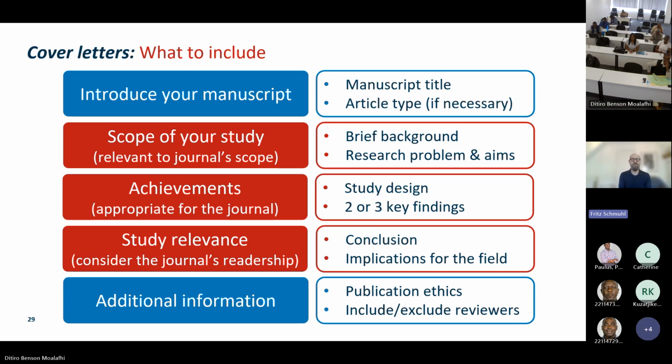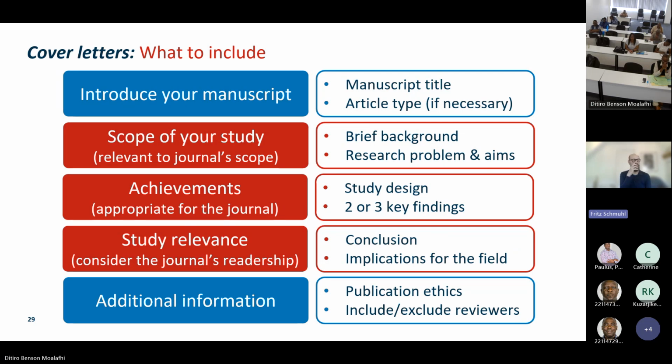You are writing what is, in fact, a job application letter where, in very concise terms, you tell me why you are relevant to the job, in this case, why your article is relevant to the field and to the journal. So being concise throughout your letter is very important.